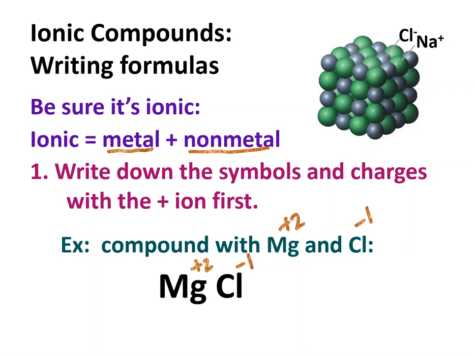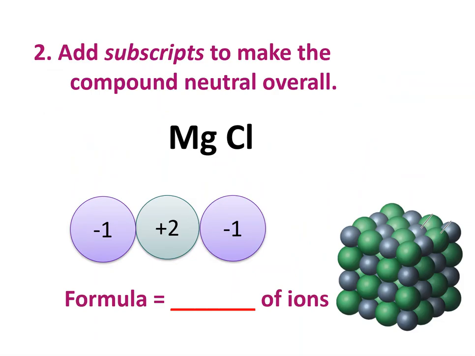Once you figure out their charges and you have them in order, you need to figure out the subscripts. The subscripts are the numbers down here so that it's neutral overall. And so what I'm doing here is that this is magnesium, it's +2. And if I want it to be neutral overall, each chlorine is just -1. So I need 2 of the chlorines to make it work.